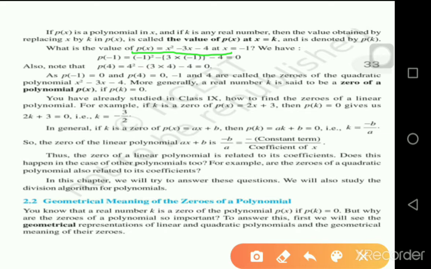If we put x equal to minus 1, then the value of the polynomial is 0. Also, if we put 4, the value of the polynomial is again 0.